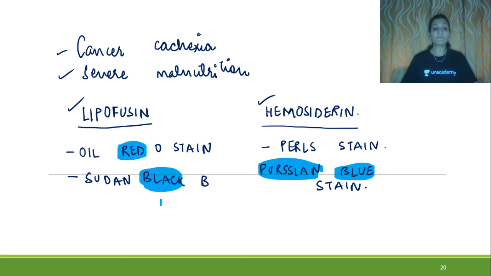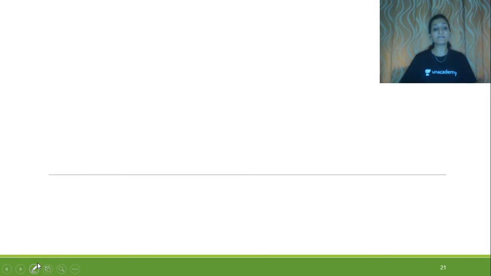So I think we have covered almost everything regarding oxidants or free radicals. Let us move a little ahead towards antioxidants. We have talked about oxidants, so let us talk a little bit about antioxidants.